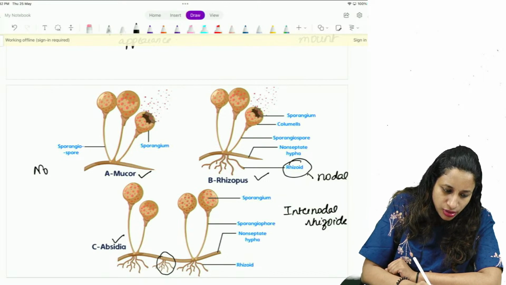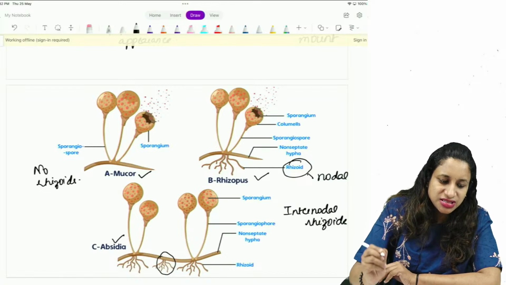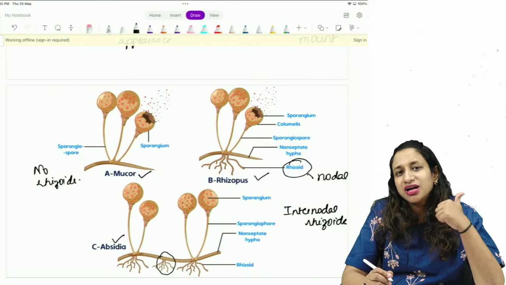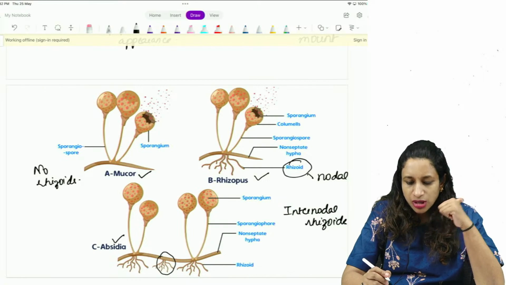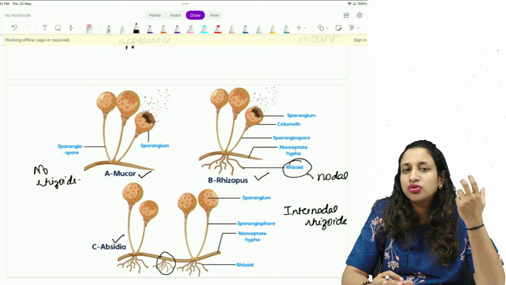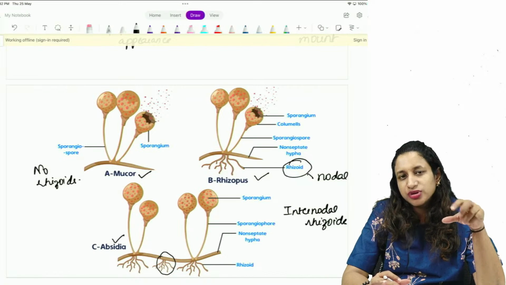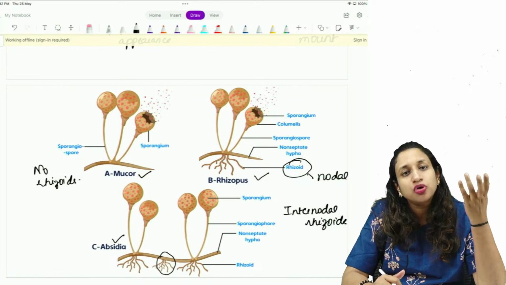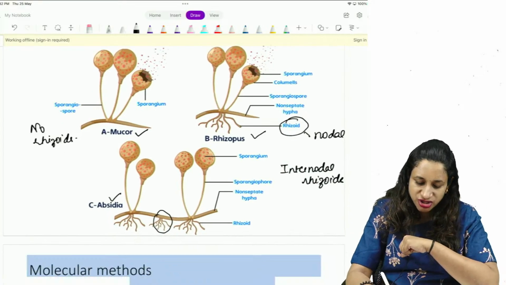So there are no rhizoids. So this is something that you have to keep in mind. Culture findings are very important to know, and also the findings where you have to know that there are sporangiophores which have sporangium and sporangiospores which are responsible for the spread of the condition.